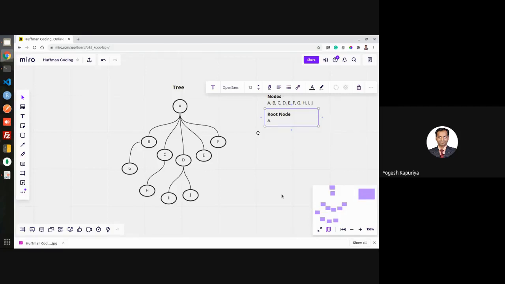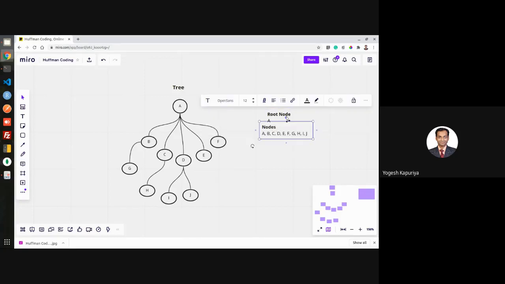Then there are something called edges. Edges means the connections between any two different nodes. So here there is a connection between A and F. There is a connection between A and E. So these all are known as edges.